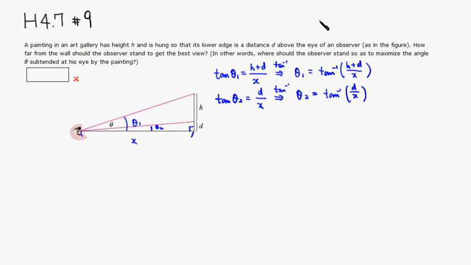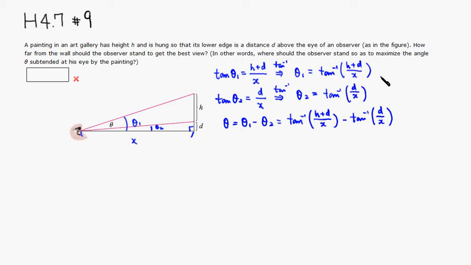The theta we are looking for is simply the difference between theta 1 and theta 2. Therefore, we have the expression arctangent of (h plus d) over x minus arctangent of d over x.